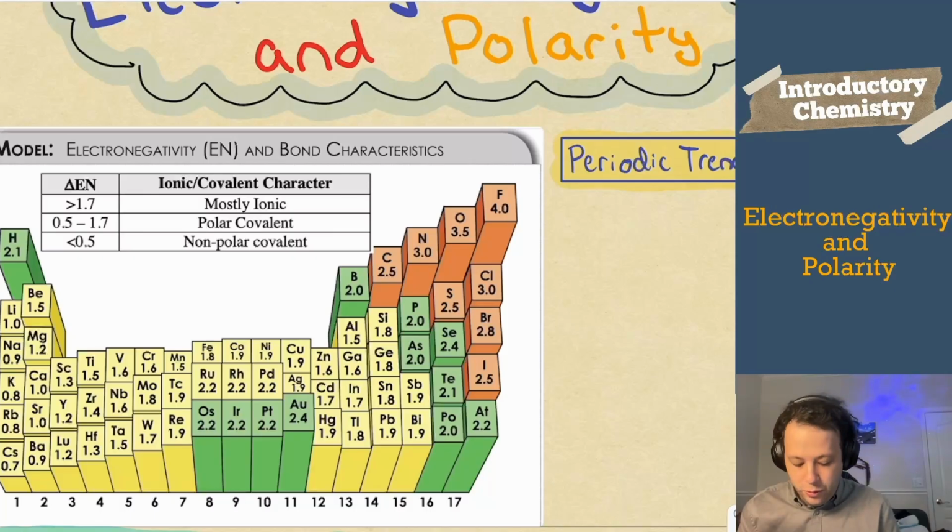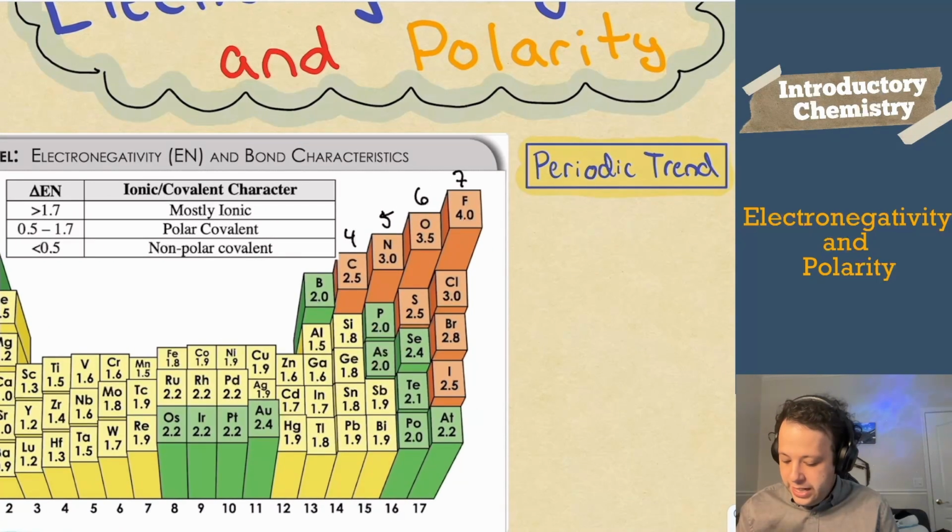Something like fluorine, for example, has 7 valence electrons, oxygen has 6, nitrogen has 5, carbon has 4 valence electrons in that outermost layer. So fluorine really wants to get that octet. It's willing to do whatever it can to get that last electron. And because of that, it's going to lead to uneven sharing across covalent bonds between different atoms.